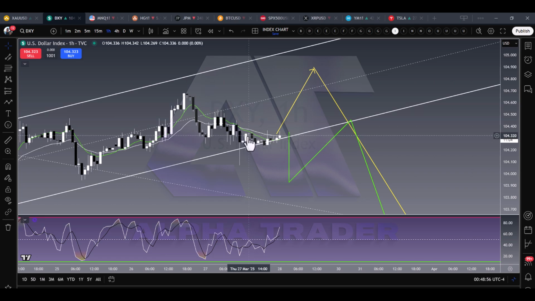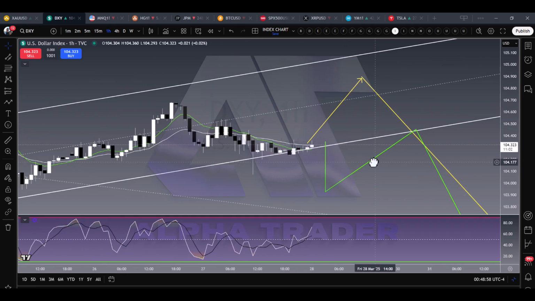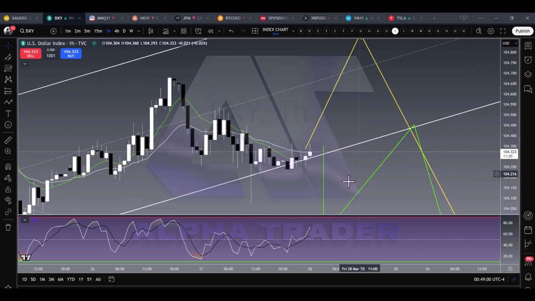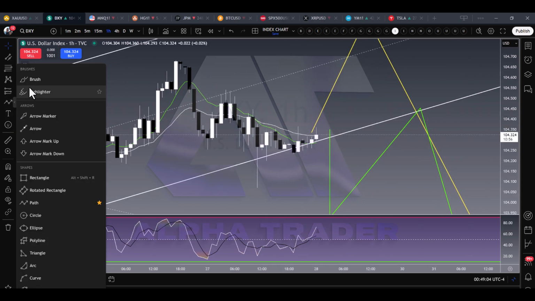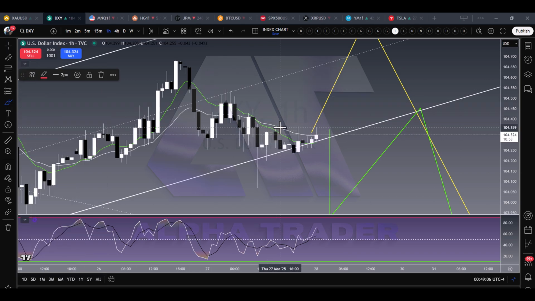In the candle structure, we did make a higher high. So here, for example, this was a high here, this was a low here, and now we've made a higher high here, and we consecutively make higher lows.